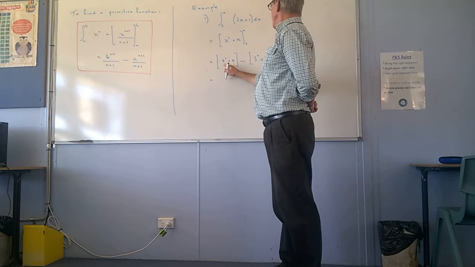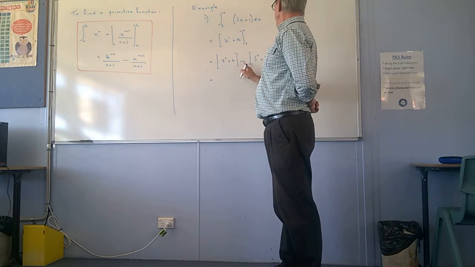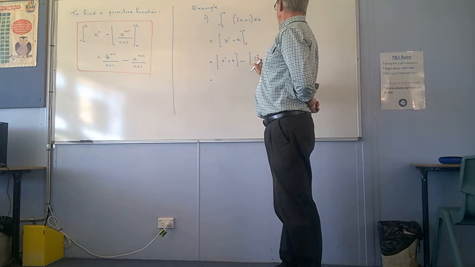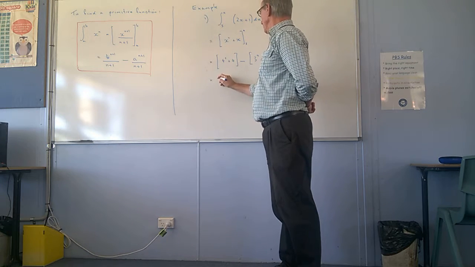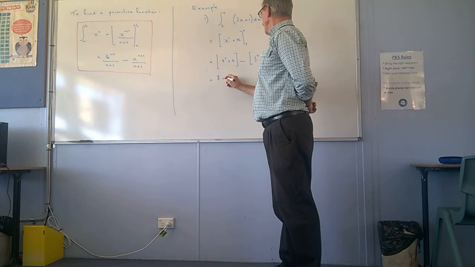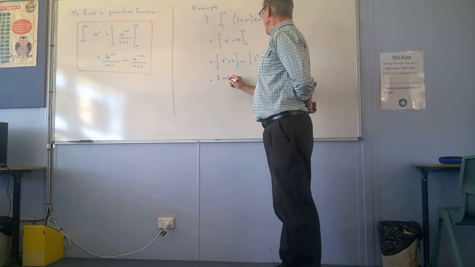Which is what, 16 plus 4 is 20, minus 9 plus 3 is 12, so 20 minus 12, so 8 square units.